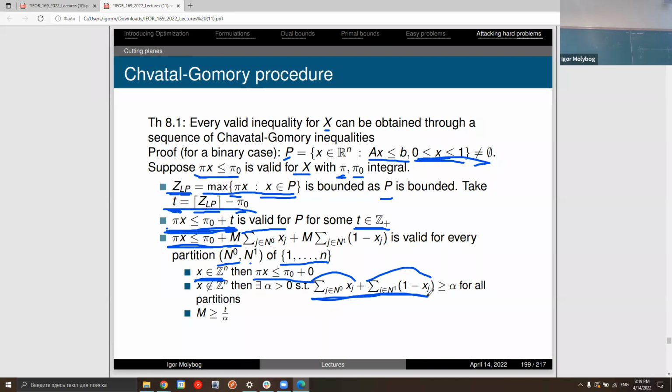And then we will argue that we are able to construct an iterative algorithm that makes a tighter and tighter bound using the CG procedure, eventually leading us to constructing this target inequality. So right now we are trying to prove that we can construct this new inequality, pi x less than or equal to pi 0 plus t, using the CG procedure.